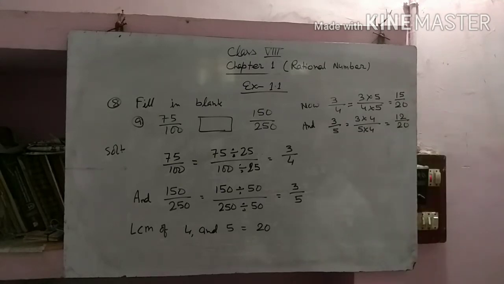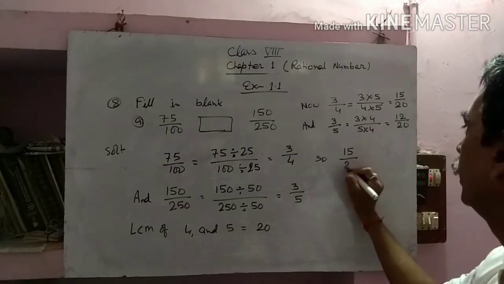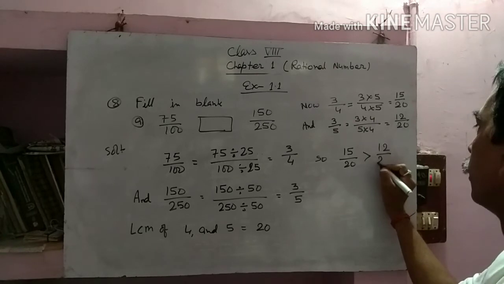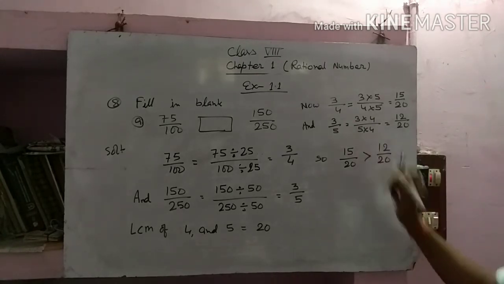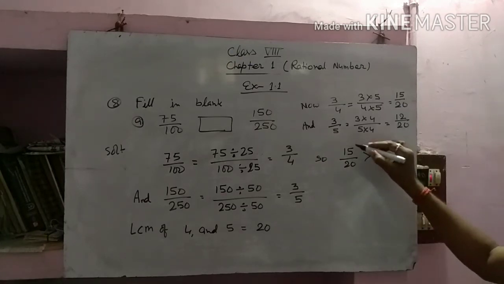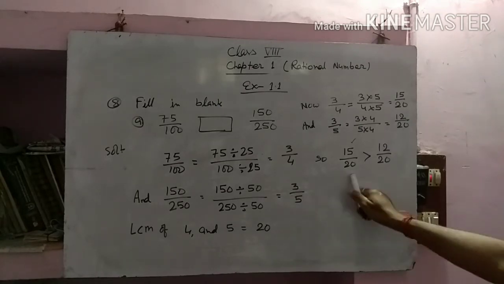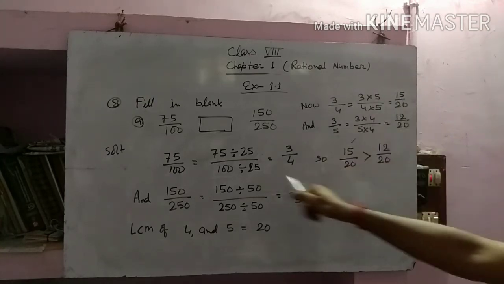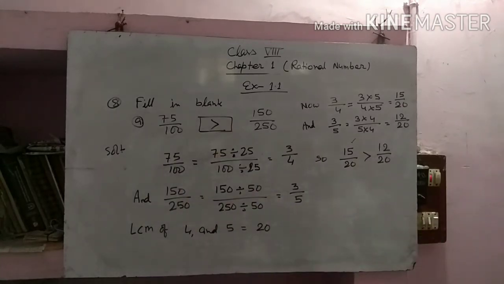Both the denominators are same, so 15 by 20 is greater than 12 by 20. As you know, if the denominators are same and numerators are different, then the value having the greater numerator is the greater number. So answer is like this.